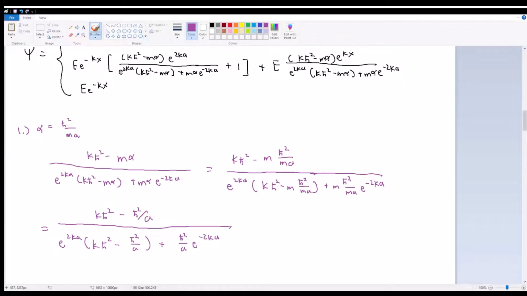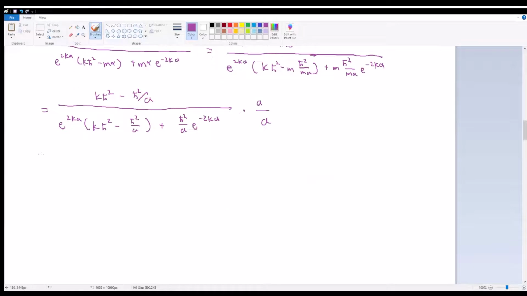There's nothing stopping us from multiplying a over a to make this a little nicer. This gives us ka h bar squared minus h bar squared, all divided by e to the 2ka times (ka h bar squared minus h bar squared) plus h bar squared e to the negative 2ka.